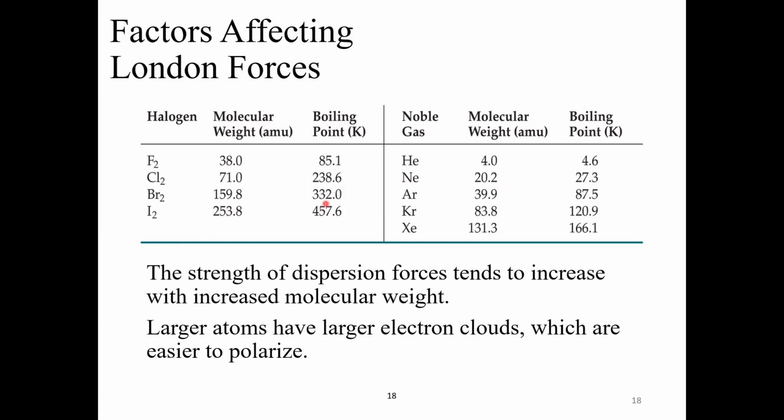But then with bromine, we see a larger molecule. We've got a stronger dispersion force there. And that's why bromine is actually going to be a liquid at room temperature. And then iodine, we increase that interaction even more, just because it's an even larger molecule now. So that's why iodine is actually a solid at room temperature. So we can look at the intermolecular forces to see the different states of matter for these different elements.